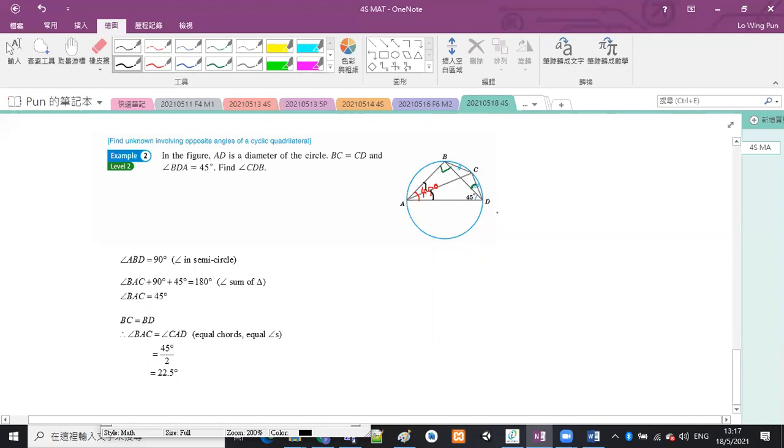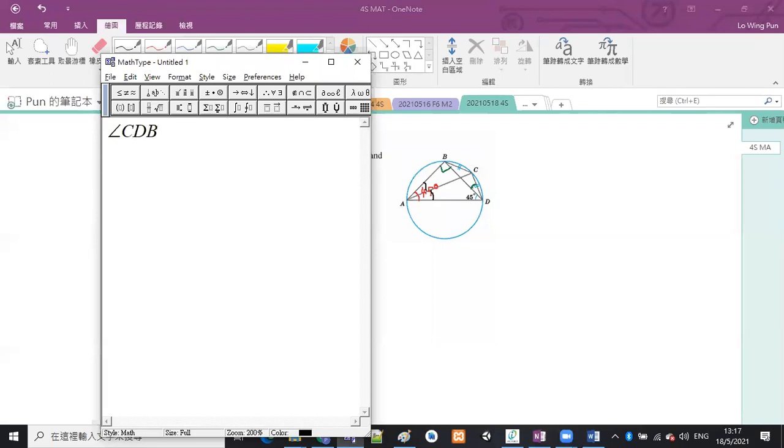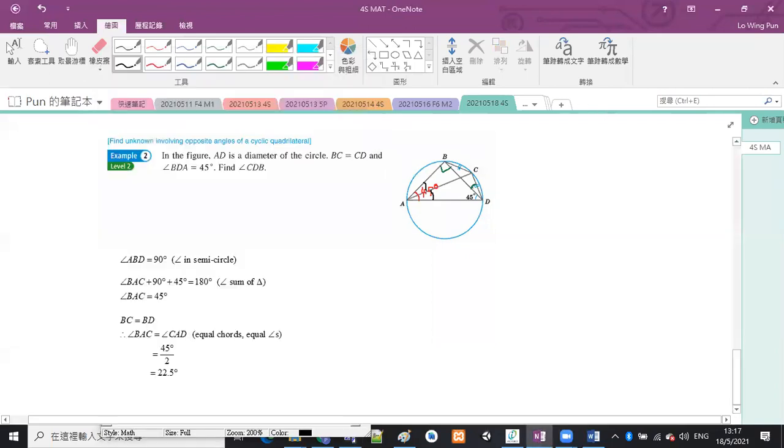And then the next line will be the answer, because the question asks us to find angle CDB. Angle CDB is looking at arc BC, and there is another angle also looking at the same arc, angle BAC, which is already found to be 22.5 degrees.